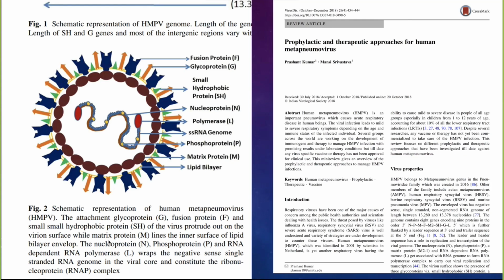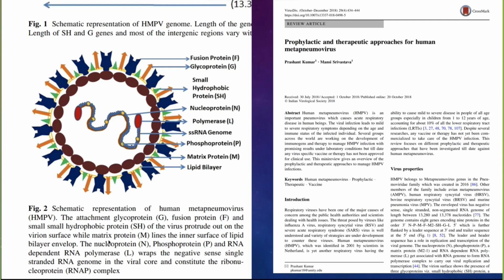So the last virus that I'm going to talk about is human parainfluenza virus. Just like metapneumovirus, it is very similar to RSV, and it belongs to the same family.